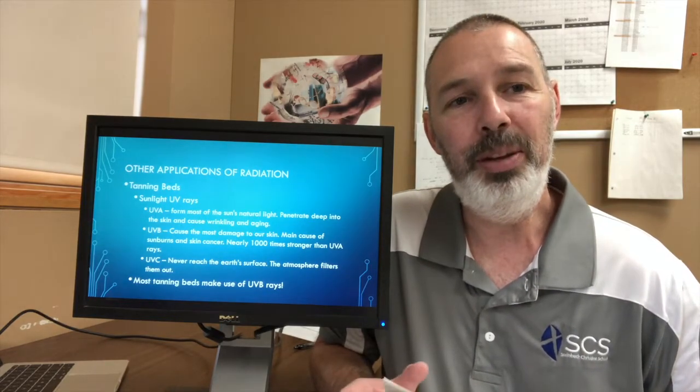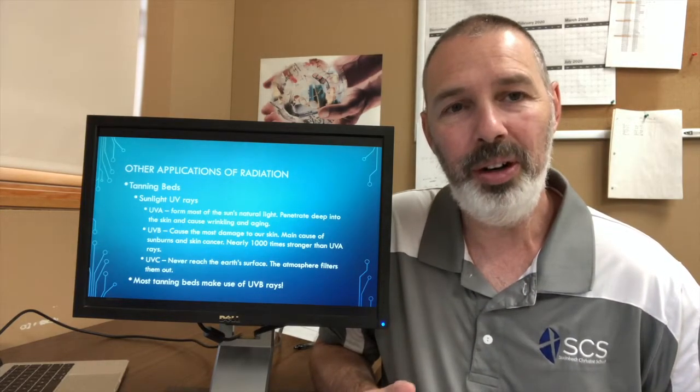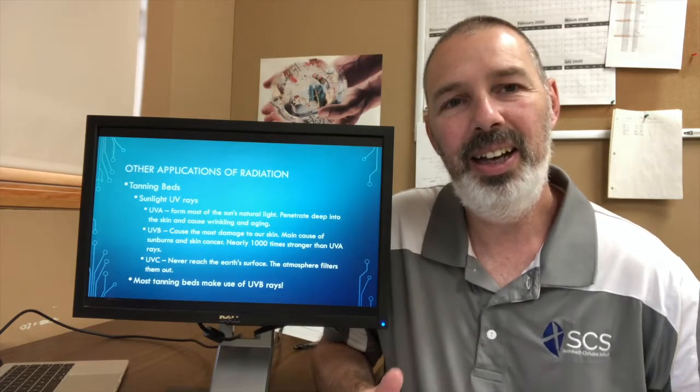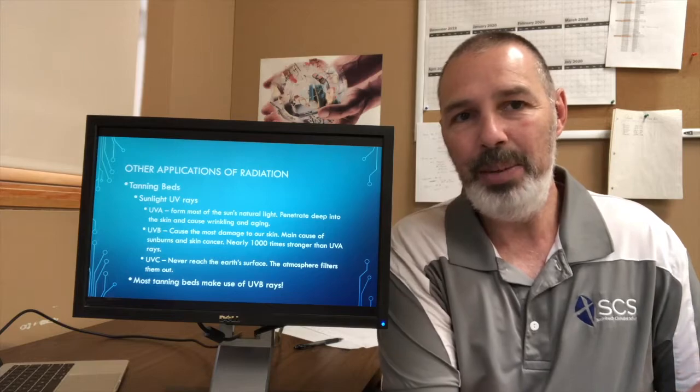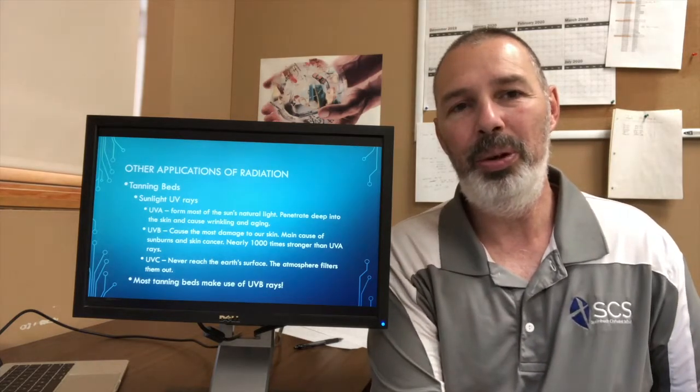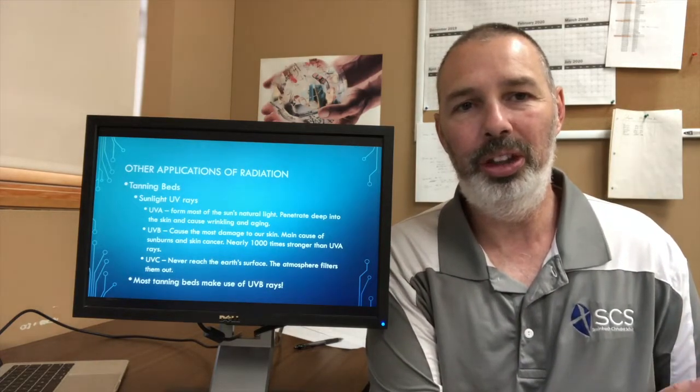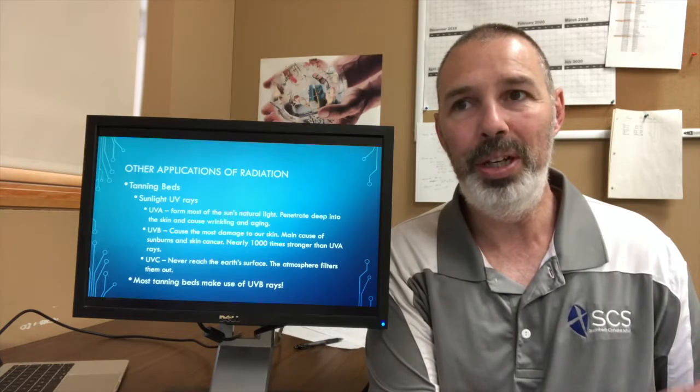So UVB rays are the most damaging part of sunlight. Instead of a mixture of UVA, B, and C, when you go to a tanning bed, you are only exposing yourself to UVB rays.